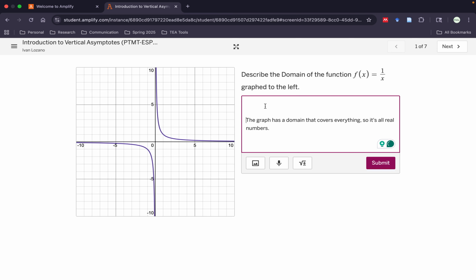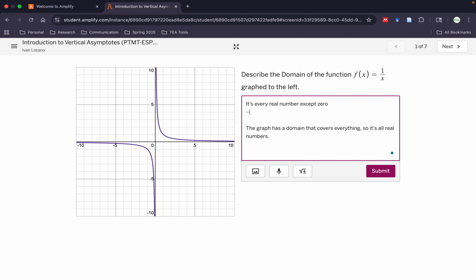Let me make sure I have this right. There's a kid that's immediately going to know it's every real number except 0. And then if they do say this, you'll ask them, why would that be?